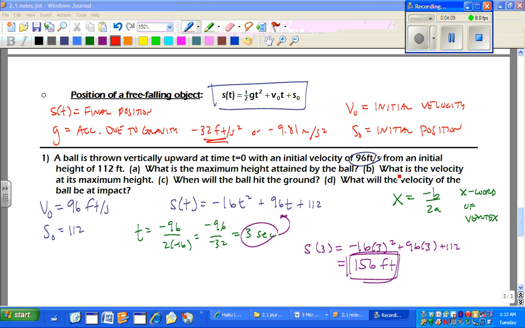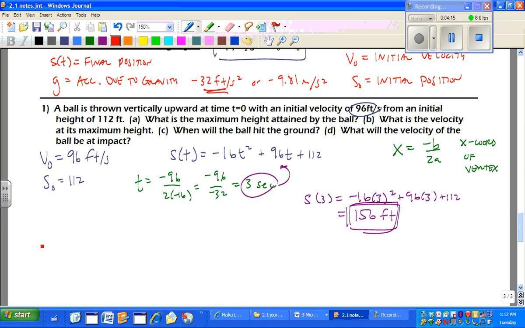Part B asks, what's the velocity at its maximum height? So, if we want to find the velocity at its maximum height, we want the velocity at that instant, at that specific time. So our time is 3 seconds. Instantaneous, remember instantaneous velocity, we're going to take the limit as h approaches 0 of that difference quotient.